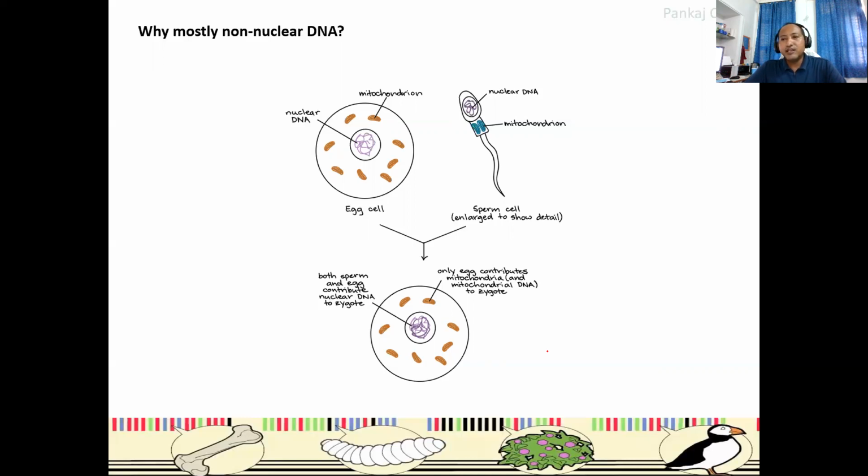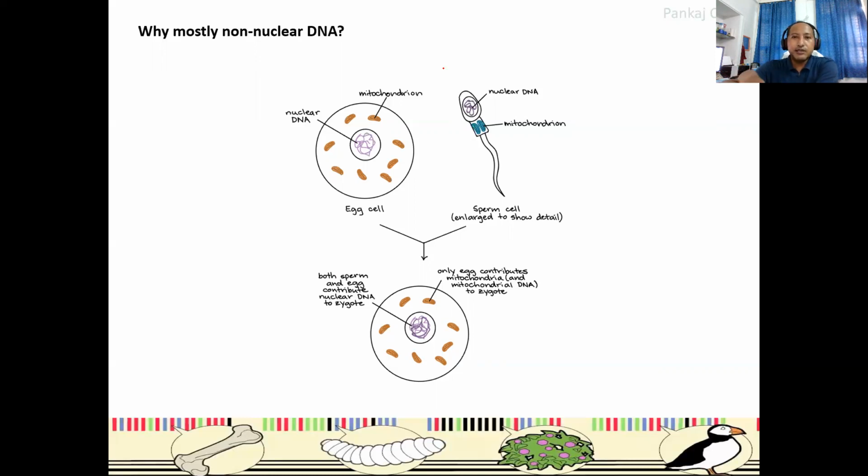Nowadays, some nuclear DNA is also selected, but mostly non-nuclear DNA is selected as marker DNA. The reason is that mitochondrial DNA is comparatively more conserved than the nuclear DNA. Why? Because the mitochondrial DNA is of maternal origin.